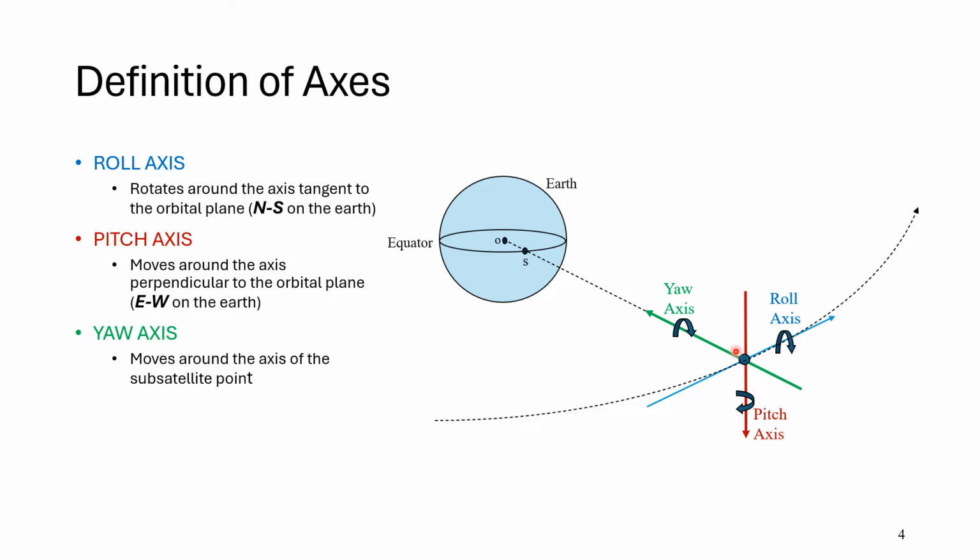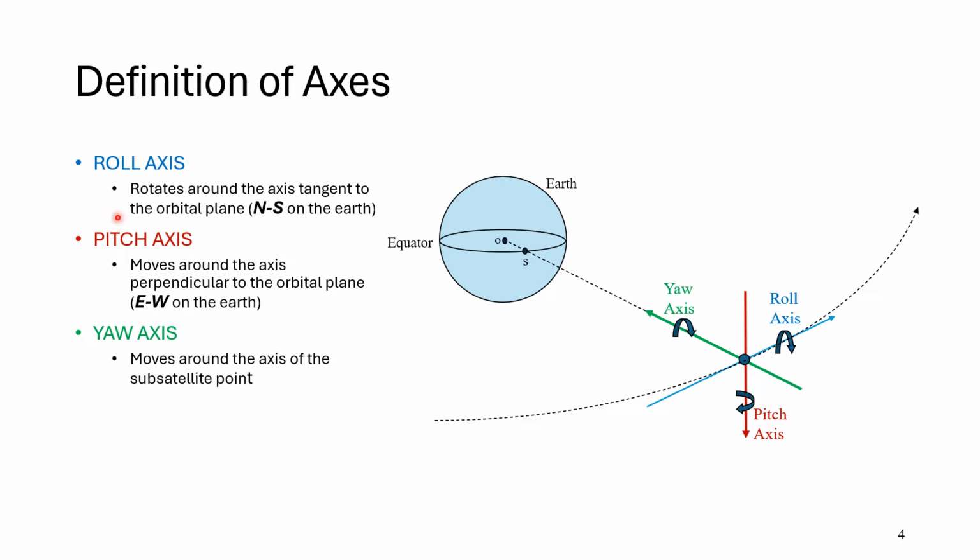Now, it is important to clarify these axes, so we define the axis system. If we have the satellite here and we draw a line that goes through the subsatellite point pointing to the center of Earth, then we call the angle that rotates around the axis tangent to the orbit the roll axis, and we will control north and south.